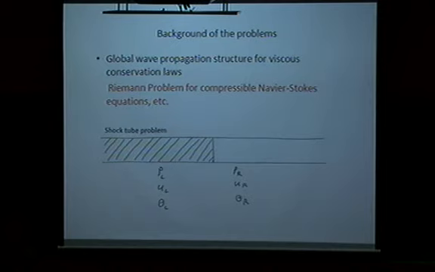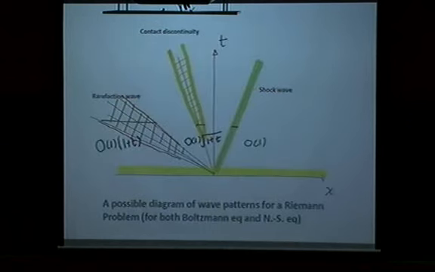At the level of the Euler equation, the possible pattern is a shock wave, a reflection wave, and some contact. This is the picture for the Euler equation. Here everything is just a line, and here just a straight line, and here this expansion fan.